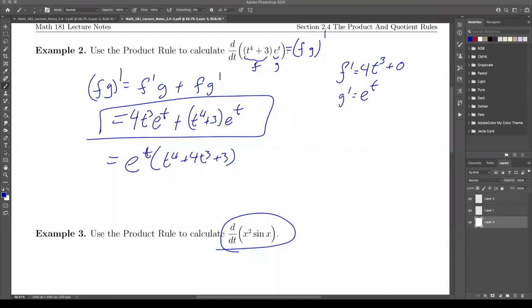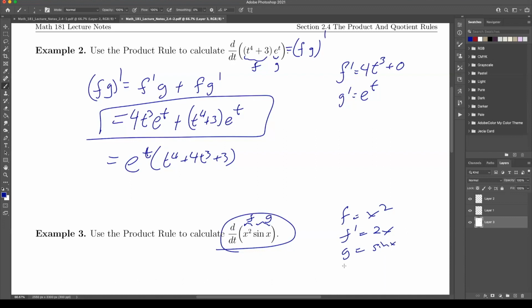What do you do with the sine of x? Well, okay, so let's just for kicks call this f and call this g. So here f is equal to x squared, f prime is equal to 2x, g is equal to sine of x.